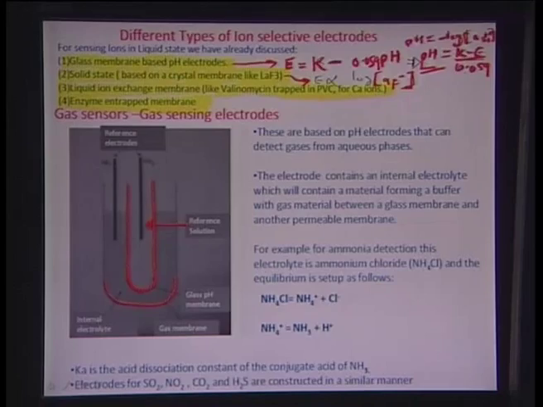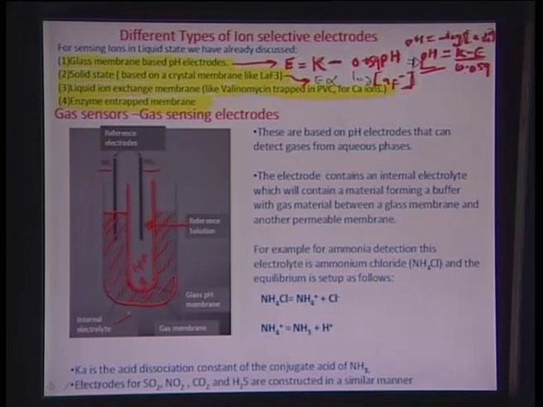So, here also we have another reference solution in this particular zone. So, you have a solution inside the glass membrane for the hydrogen ions, and you have a solution outside it, and we have two electrodes here, Re1 and Re2, which are both reference electrodes, and they would be able to sense any transfer of H plus ions into the internal electrolyte here.